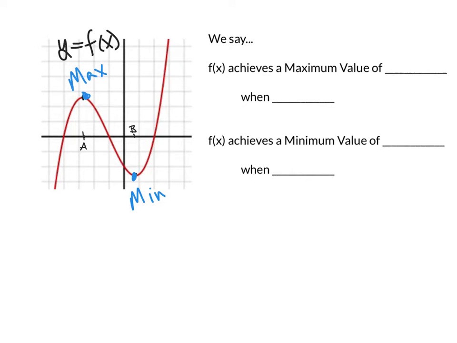Each of these points has an x-coordinate and a y-coordinate. So for our maximum, the x-coordinate is identified at A, and then its functional value would be the y-coordinate.